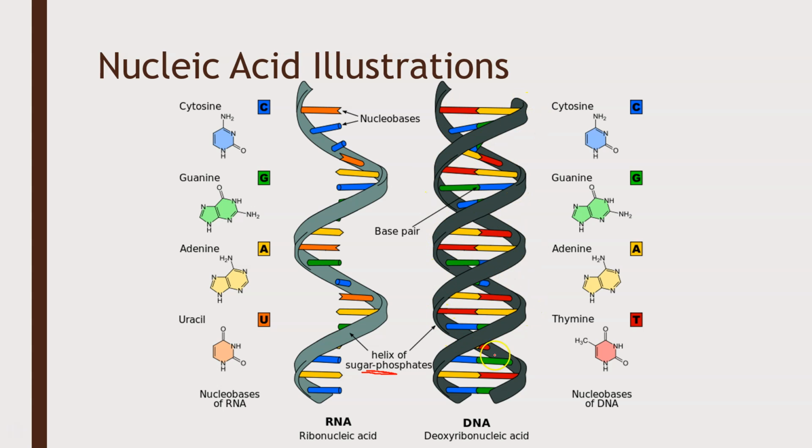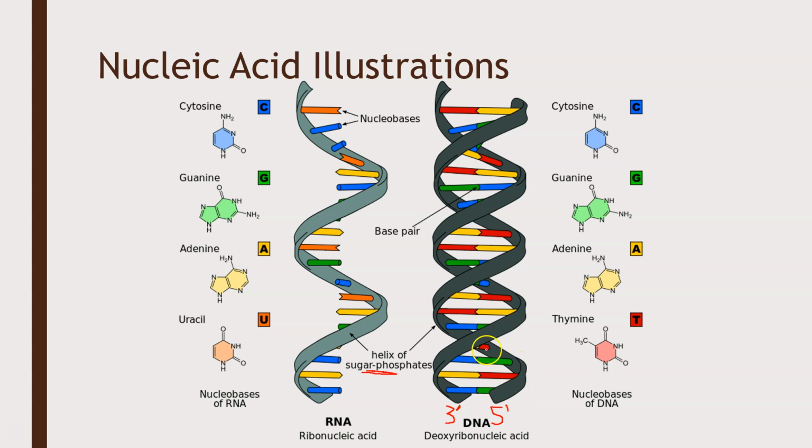Now, earlier I mentioned that the strands run 5' to 3'. Looking at this, we could say that this image shows a right-handed DNA strand, which means that this end here is our 5' end. This here is the 3' end of the complementary strand.